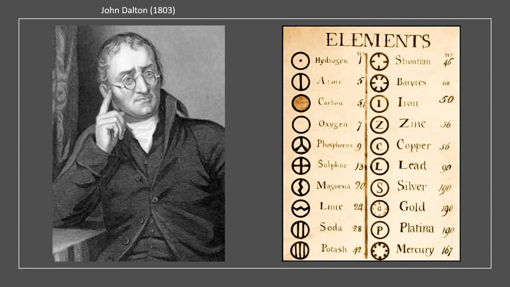In England, in 1803, John Dalton, which should sound familiar for his atomic theory billiard ball, was also studying chemistry, and he started to create these symbols for the different elements. Now, some of them you might notice are not actually elements.